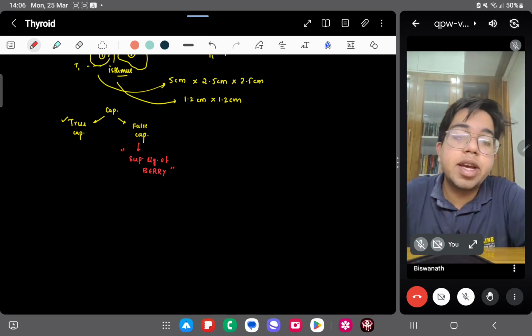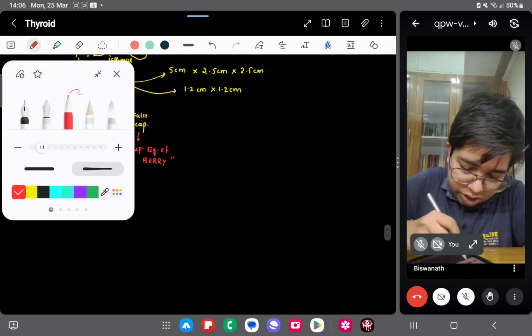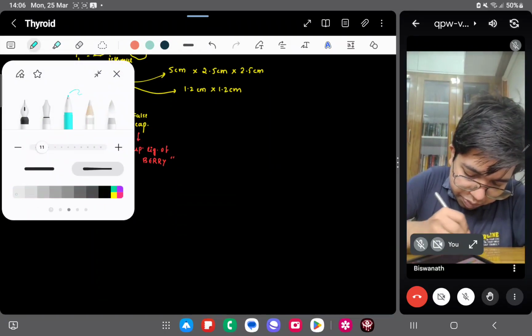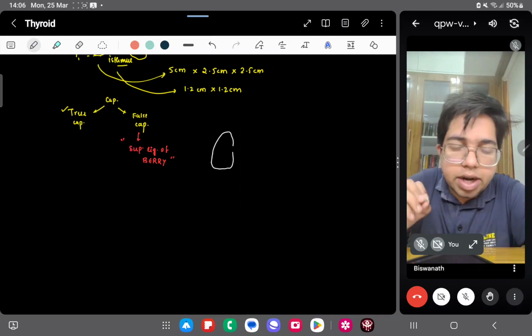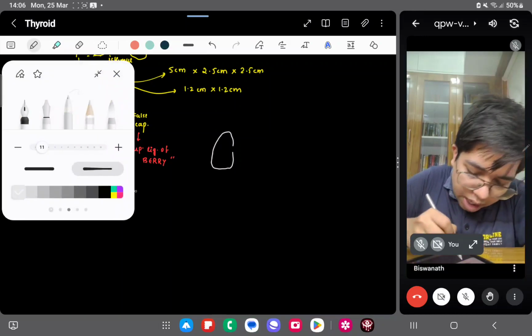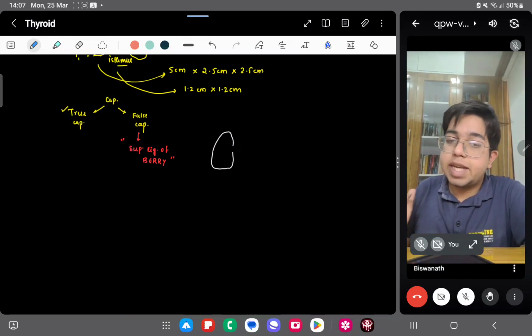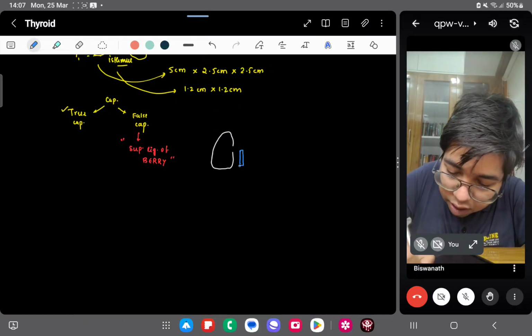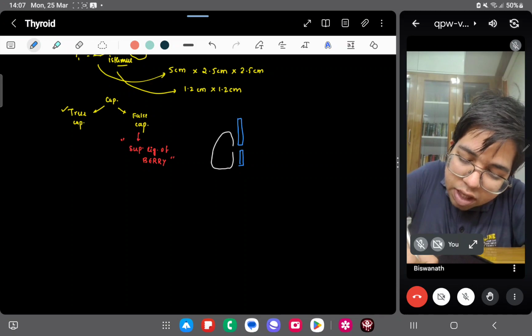The pretracheal layer and, if you don't know, let me just draw a diagram for you. Just see this. This is a thyroid gland, and let's draw the cartilages as well. We are seeing the neck from the side view. This is a cricoid cartilage, and this is a thyroid cartilage.